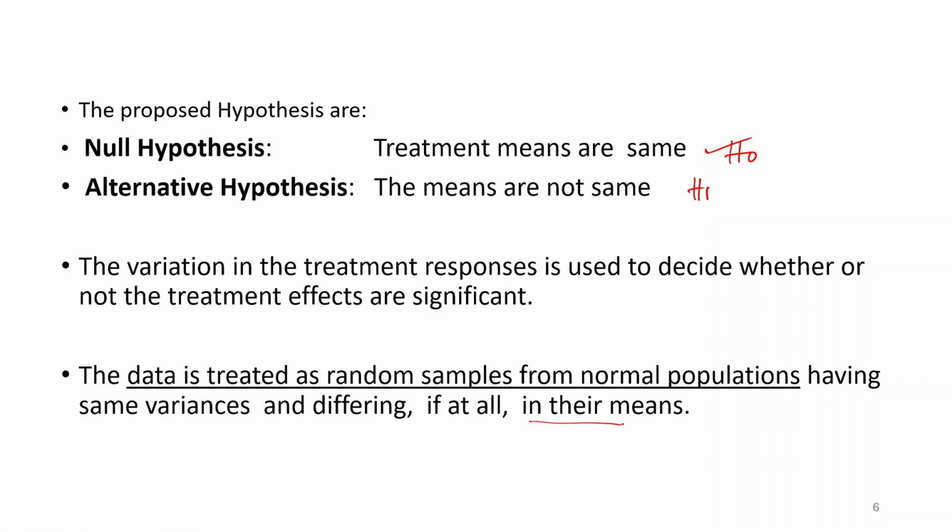So we are basically saying that they are coming from normally distributed populations having the same variance or same standard deviation, and the samples have been chosen randomly. So there is no bias in choosing the samples. The only difference is that they may differ only in terms of their means.